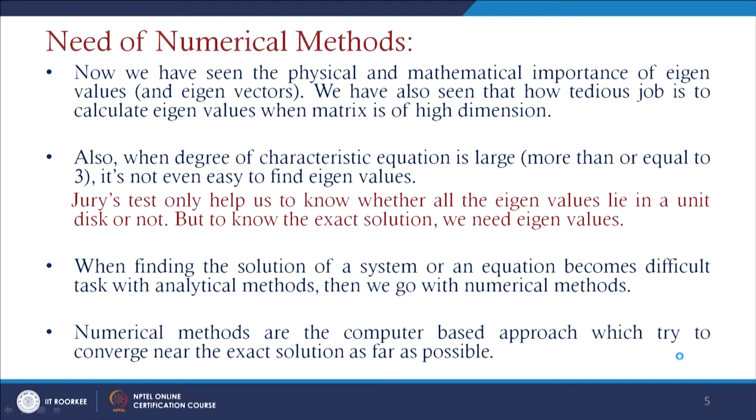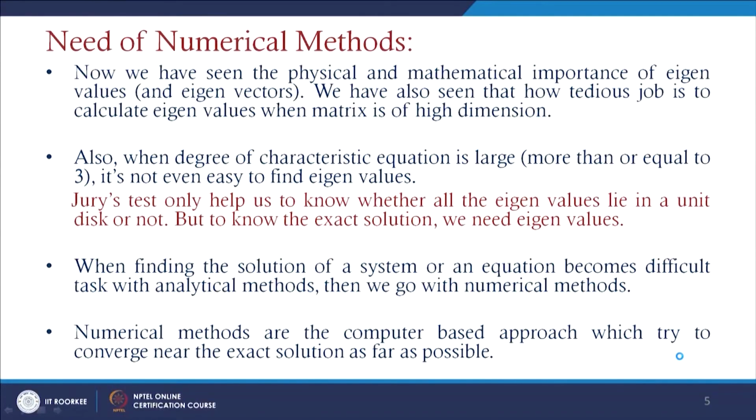Numerical methods provide an approximate solution, not the exact solution, since this is associated with a certain order of negligence. Usually, numerical methods are computer-based approaches which try to converge near the exact solution as far as possible, since we are neglecting higher order terms by considering some aspect ratios.